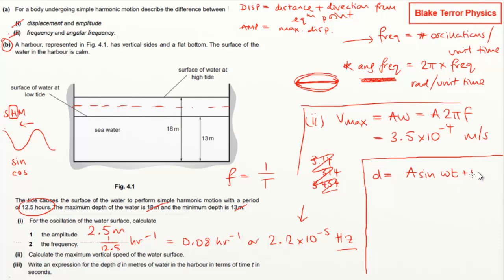We could add something inside the bracket that we're taking the sine of, and then we could add some other value onto the end. Let's call that D0. These are all of our shifts that we can do.